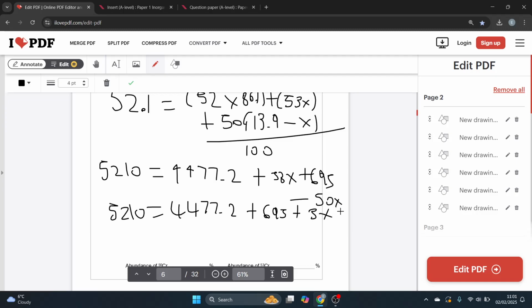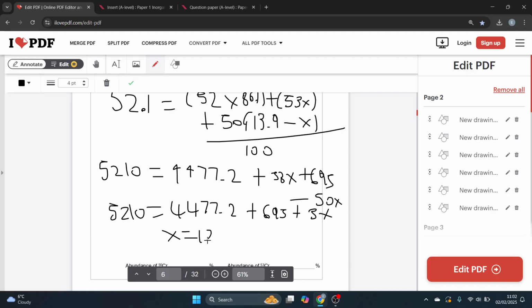And now I'm going to do 4477.2 plus 695, and then I'm going to do 5210 minus my answer, and then I'm going to divide by 3. And I get x equals 12.6.